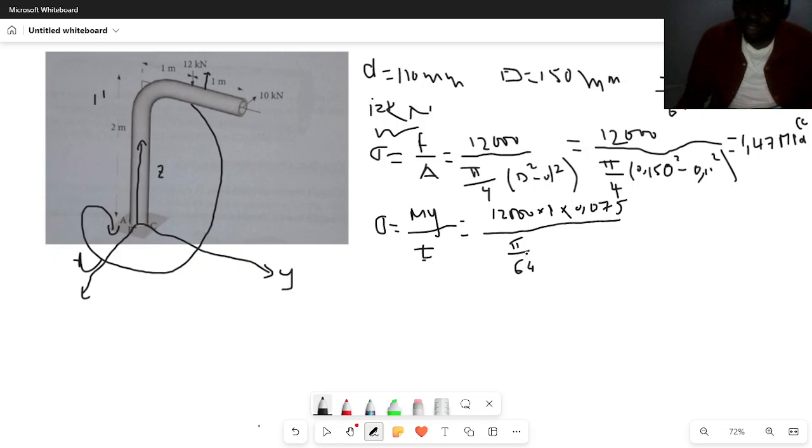Because we do have outside and inside diameter, the formula will change to the bigger diameter 0.15 to the power 4 minus 0.11, everything to the power 4. You get the bending moment stress due to 12 kilonewton. What is the answer?